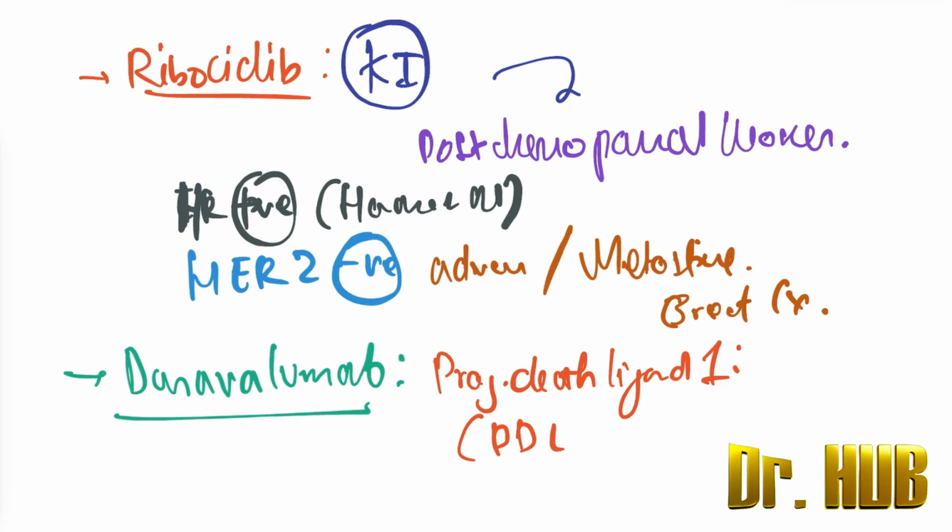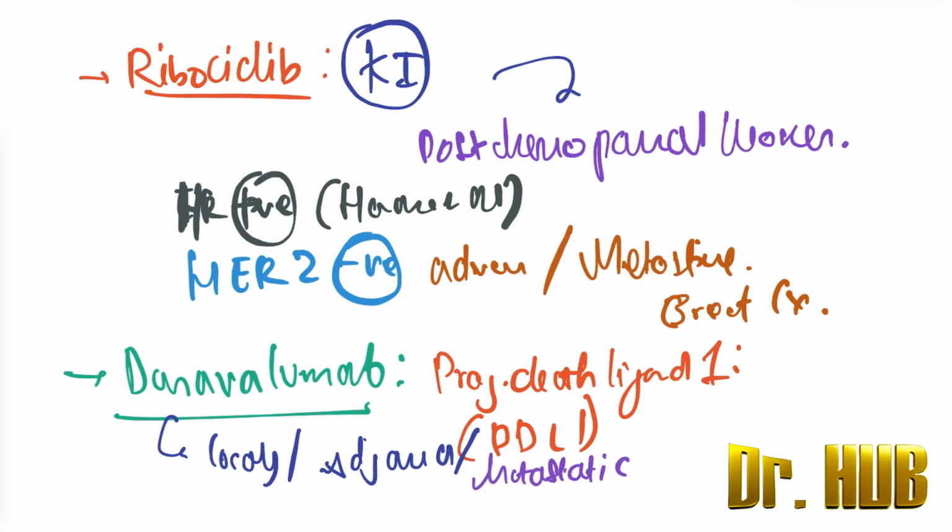It is nothing but the PDL1 blocking antibody to treat patients with locally advanced or metastatic urothelial carcinoma.